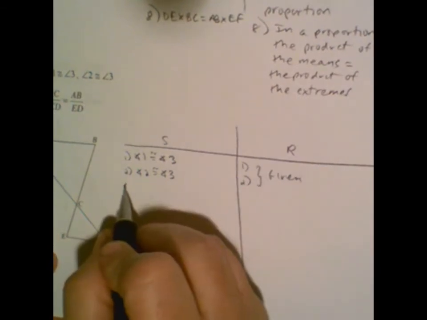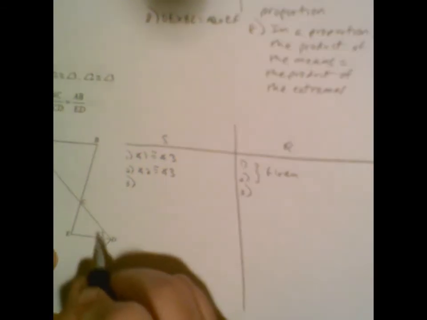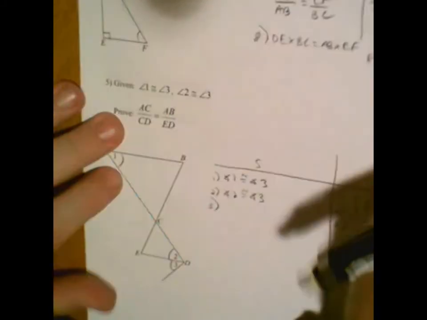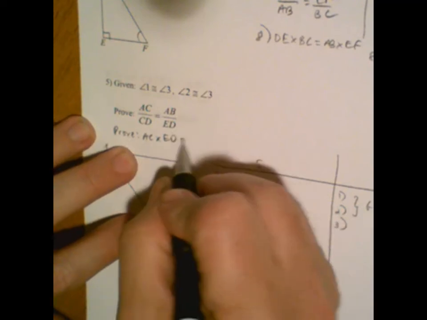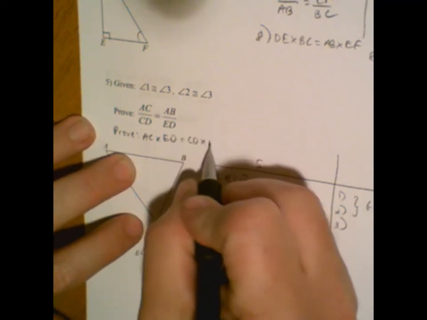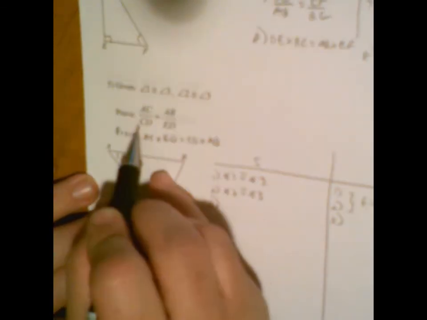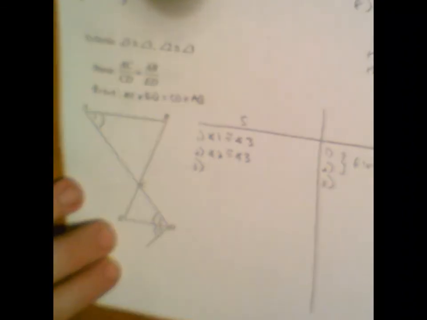And those are given. We want to prove this, but instead let's just assume it, because on the test they want us to prove that AC times ED is equal to CD times AB. They actually want us to prove this, but we have to prove this before we can prove this. So you're going to prove the two triangles similar.